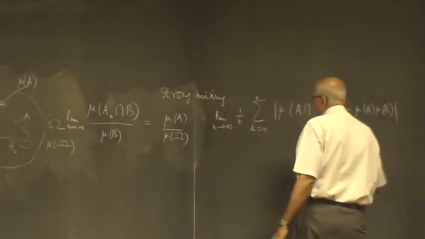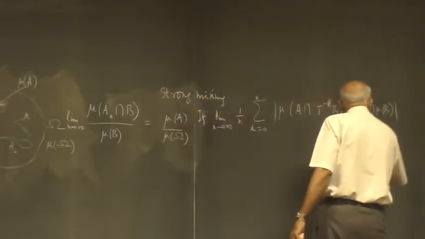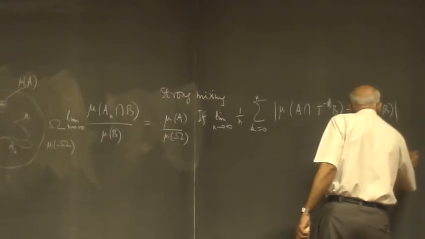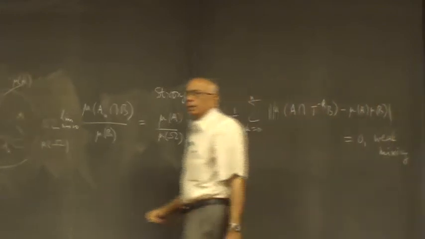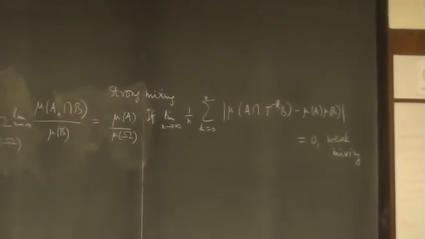If this is equal to 0, then you have what's called weak mixing. Weak mixing does not imply strong mixing. Strong mixing implies weak mixing as well.